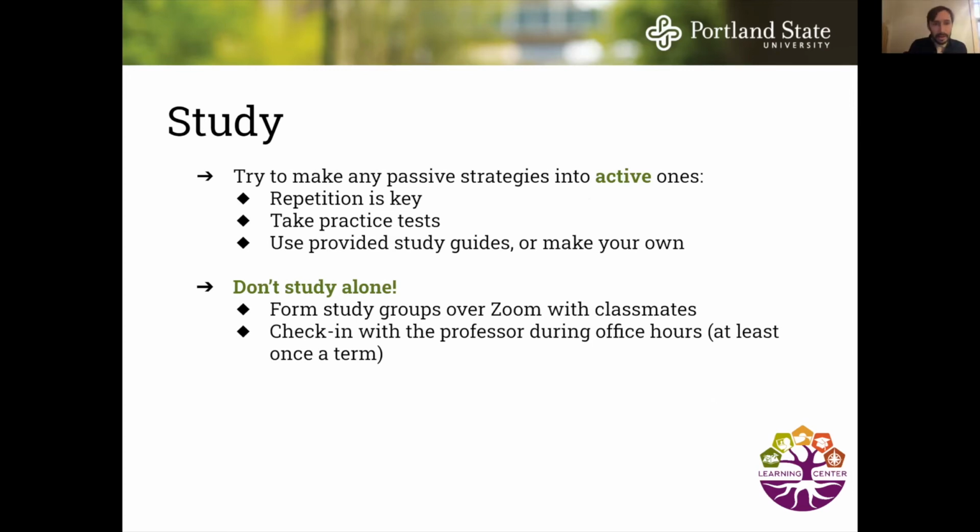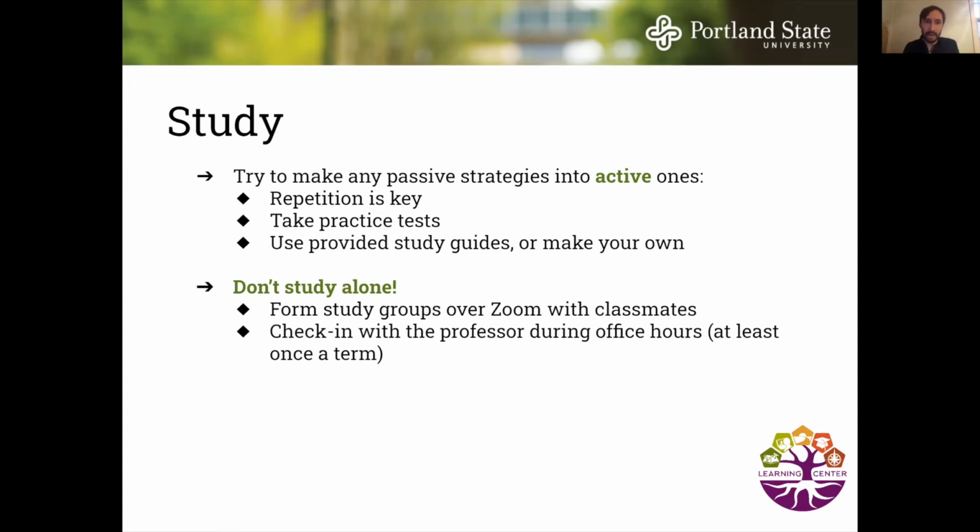The next step, after we've previewed before class, attended class, and done some reviewing, is to actually dig in and have a study session.